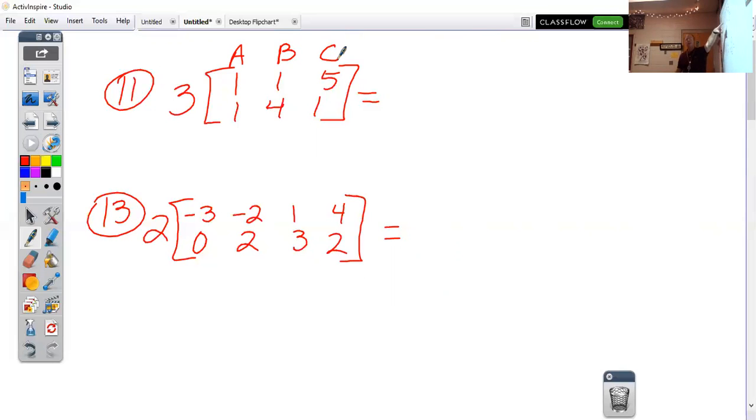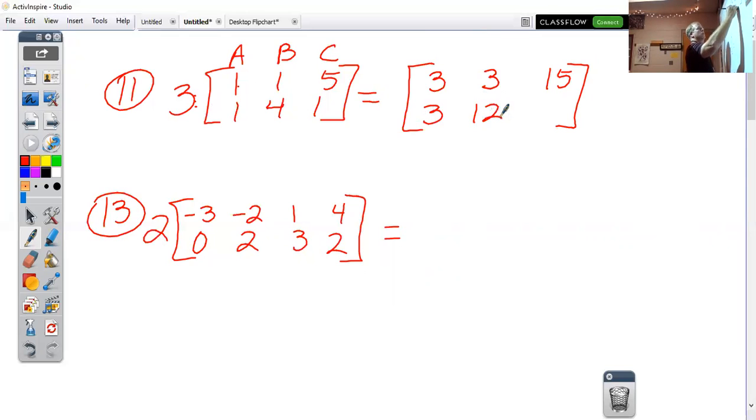And then you just multiply that matrix by what? 3. So my new triangle will be 3, 3, 15. Okay, I'm just multiplying 3 times 1, 3 times 1, 3 times 5. 3 times 1 again is 3. 3 times 4 is 12. And finally, 3 times 1 is 3.